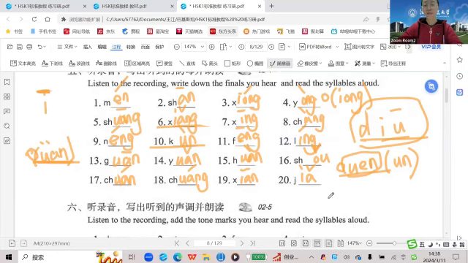Okay, please input the final and the tone of number 20 in the chat room. That is not right, it is jiu. Yes, right. You are right.